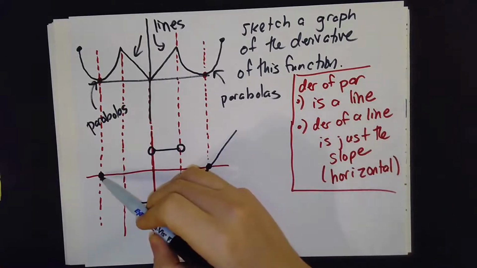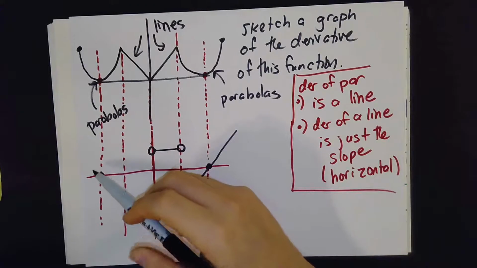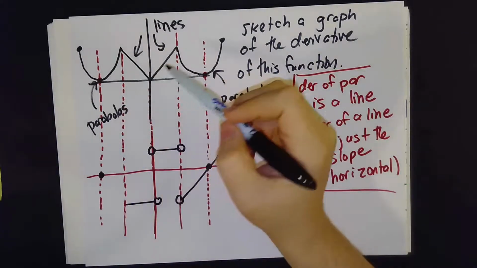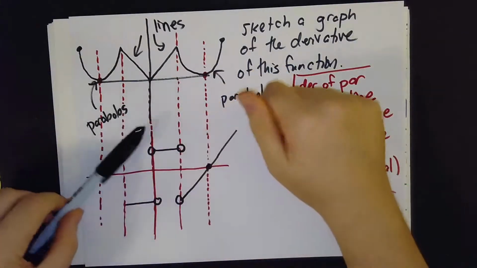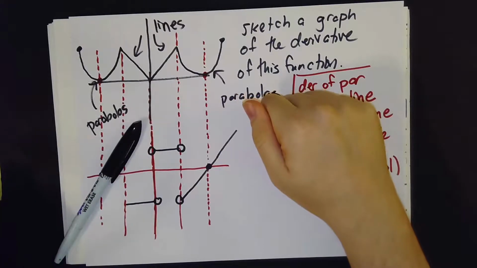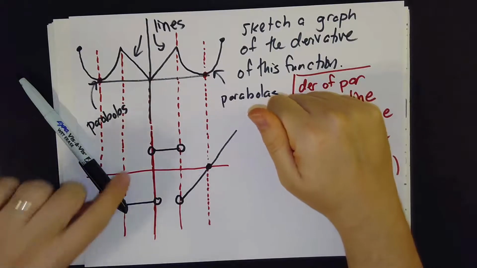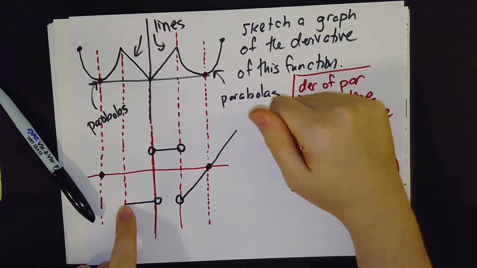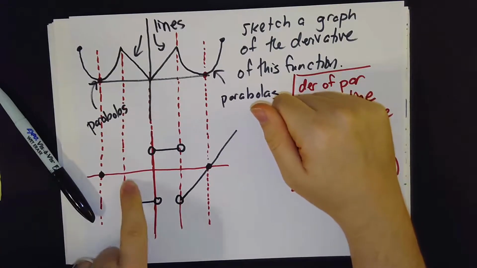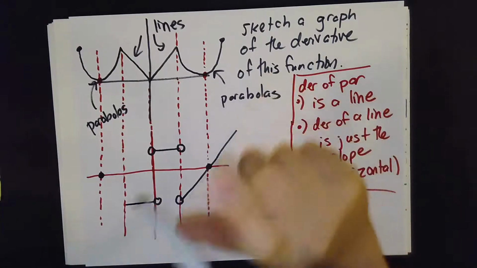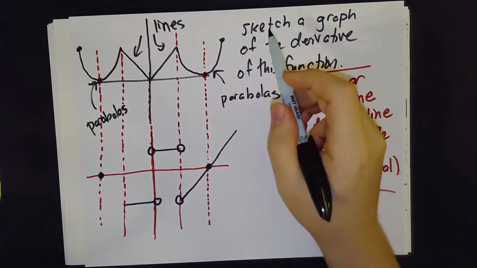And now I know this last piece has to pass through this dot. And I have to decide, again, does the graph of the derivative slant like that? Or does it slant like this? And if it does slant like this, does it match up perfectly with this point? Or does it end up a little above it or a little below it? Okay.